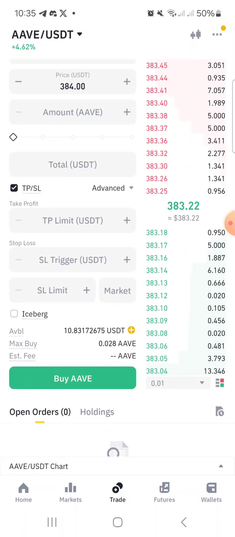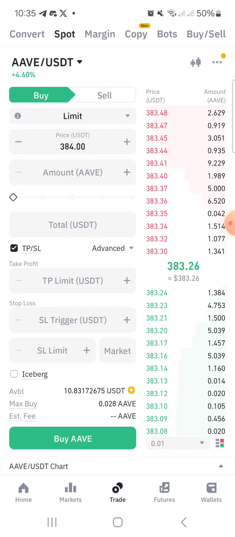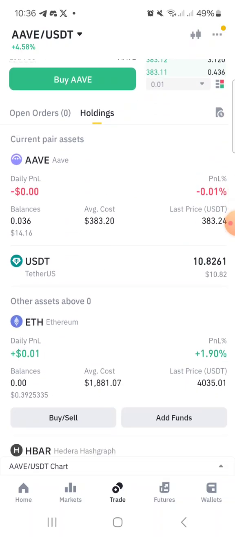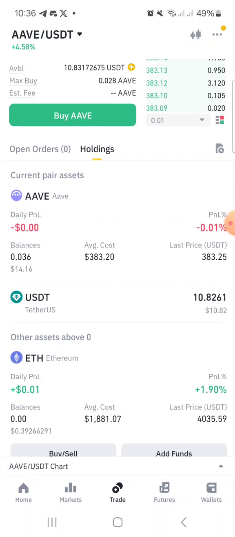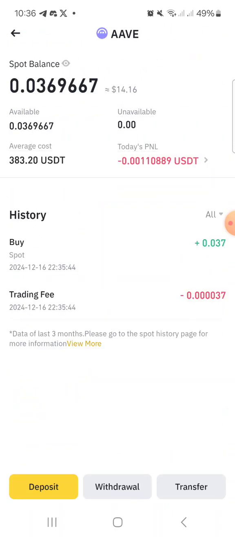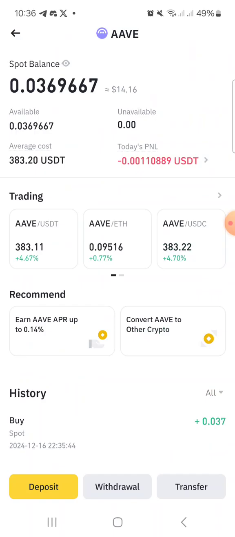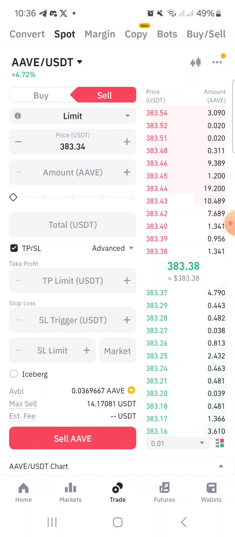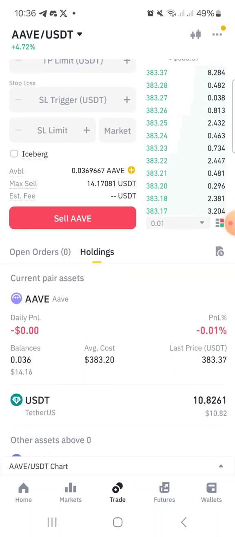If I go to holdings, I have Aave bought. So far it's not doing well. We just bought it. If I want to sell it, I can quickly go back to the trade, go to sell and then sell it back.